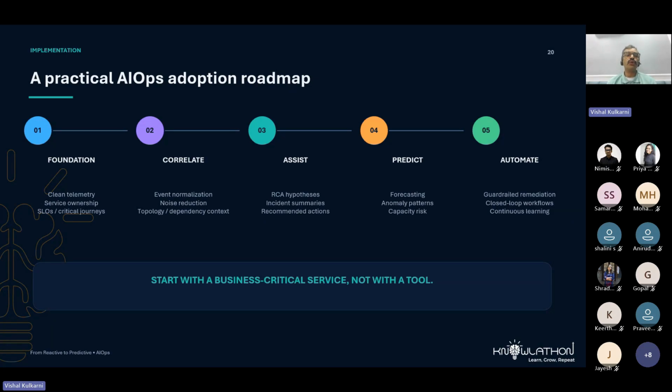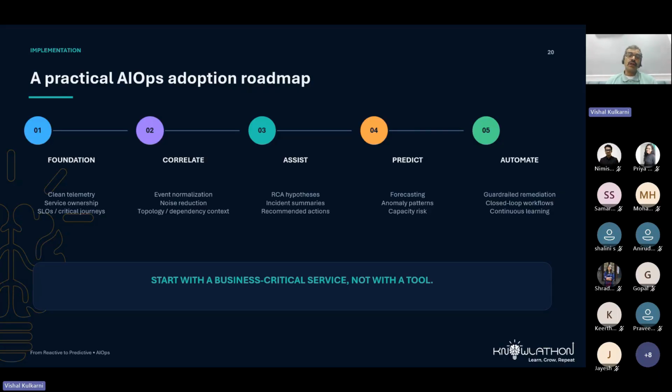Stage two is correlate: event normalization, noise reduction, topology, dependency context. Stage three is assist, wherein we do AI RCA hypothesis, incident summaries, recommended actions. The fourth stage is predict, wherein we forecast anomaly patterns and capacity risk, and stage five is automate, wherein we have guardrailed remediation, closed loop workflows, continuous learning, and so on and so forth.